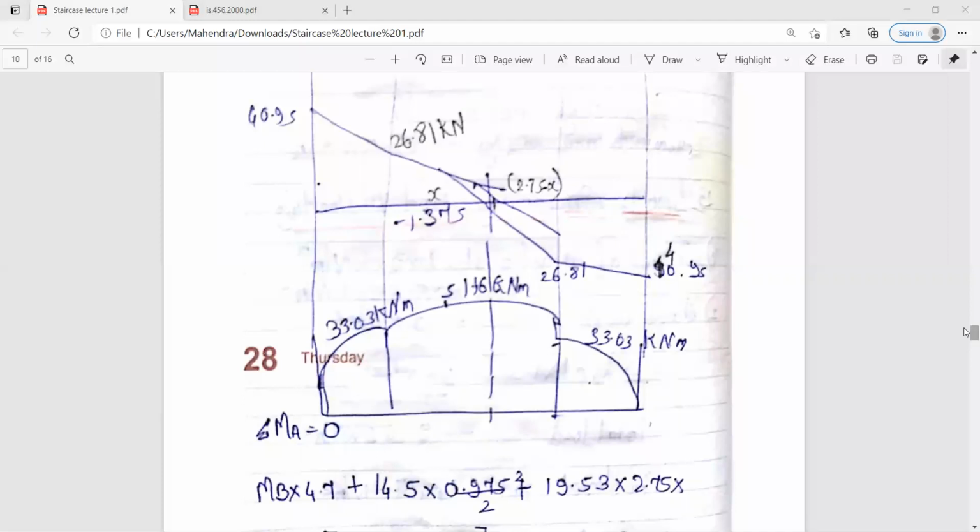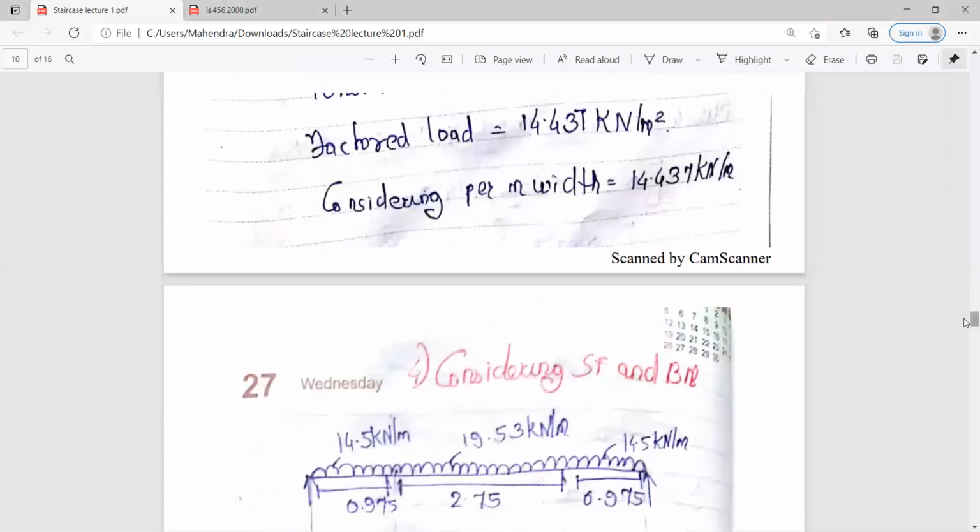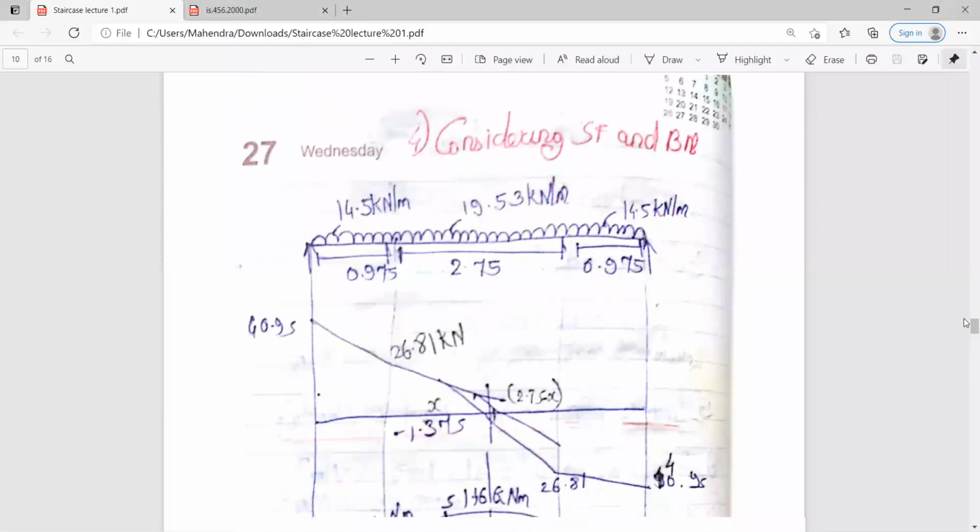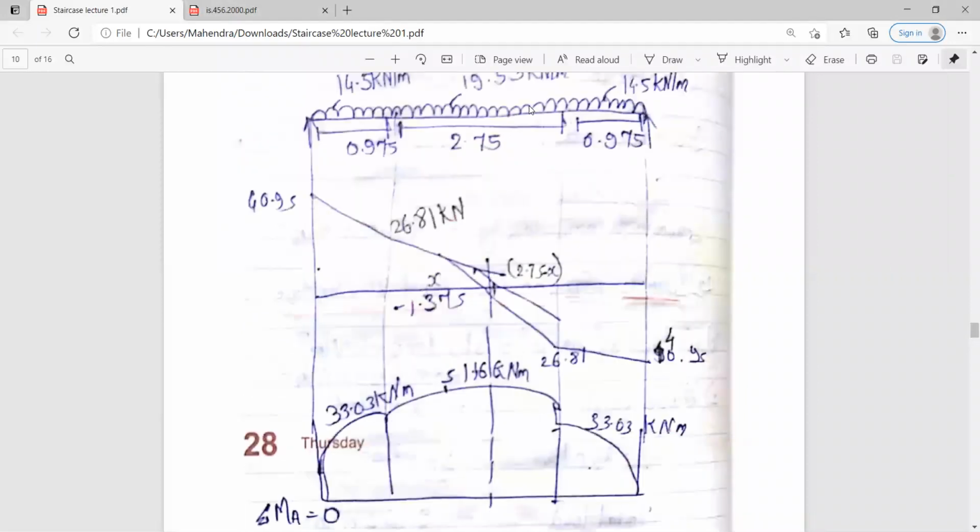Yes, everyone had got the value of x, that is 2.35. Or just note down the value of x, you can solve it later.